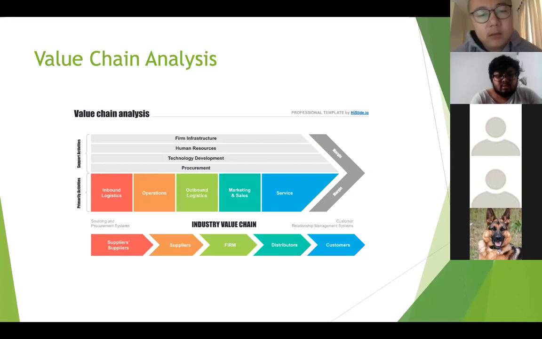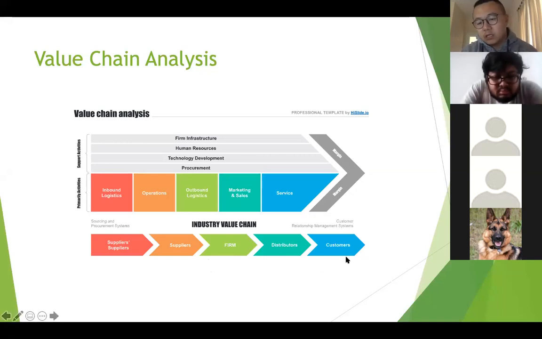Basically, the difference here is that the upper picture is the company level value chain analysis. But here you can see the industry value chain. Here is your firm, and you have the upstream suppliers and the downstream distributors or customers.